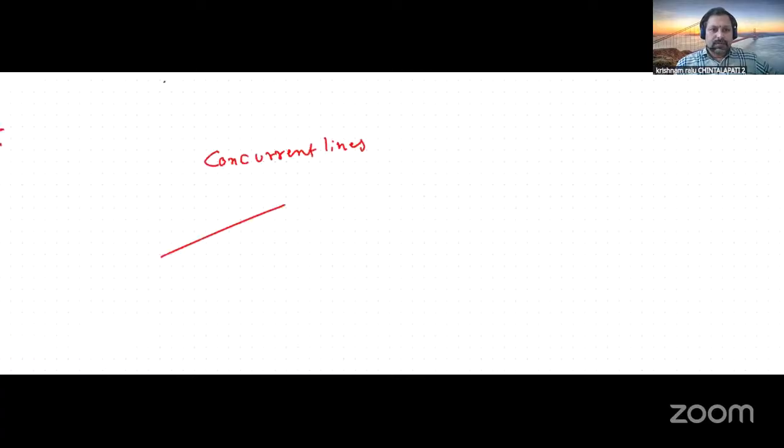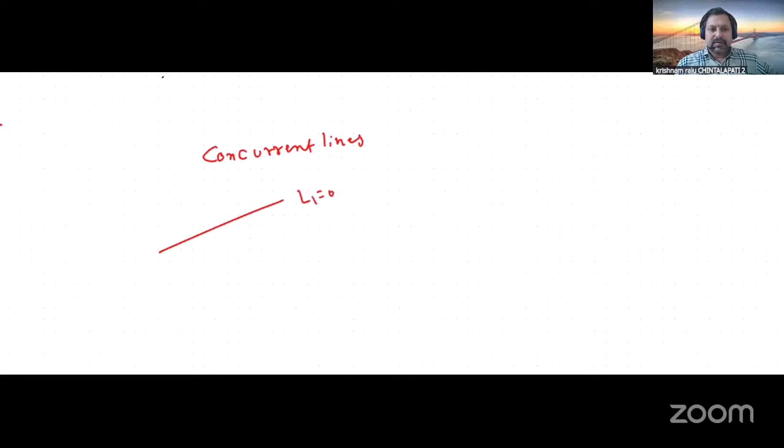Suppose this is the line L1 equal to 0, and take one more line L2 equal to 0, and let us consider one more line L3 equal to 0. So here, three lines are passing through the same common point.